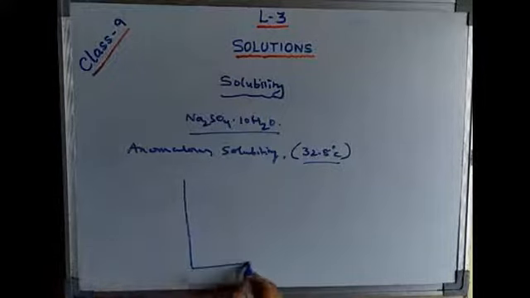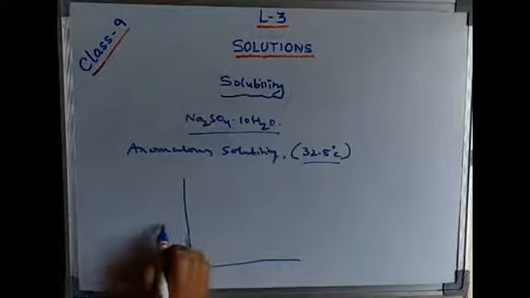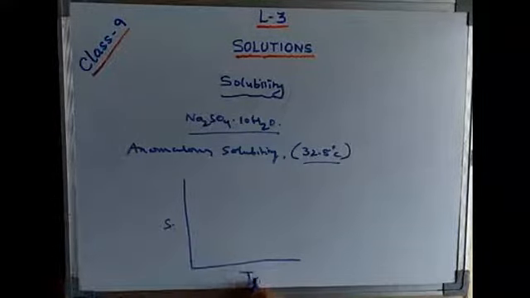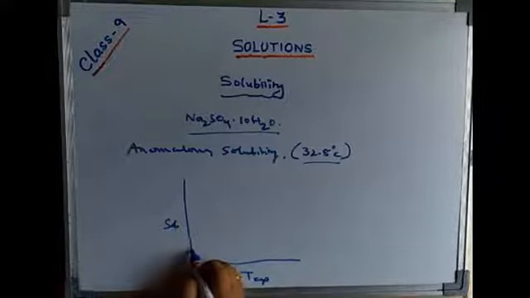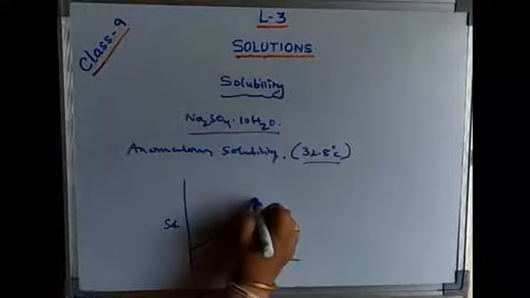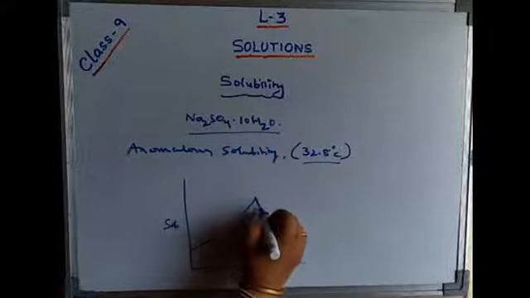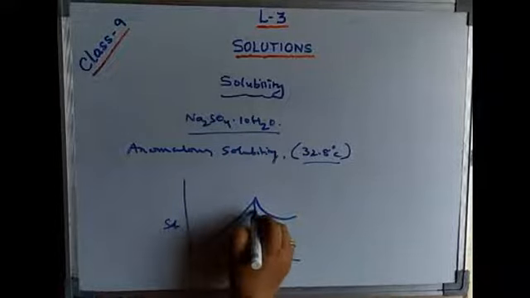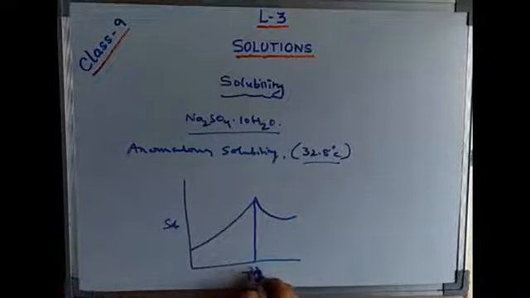So let us see with the help of a graph of solubility against temperature. What happens when it reaches 32.8? It comes down. So this temperature is 32.8 degrees centigrade.